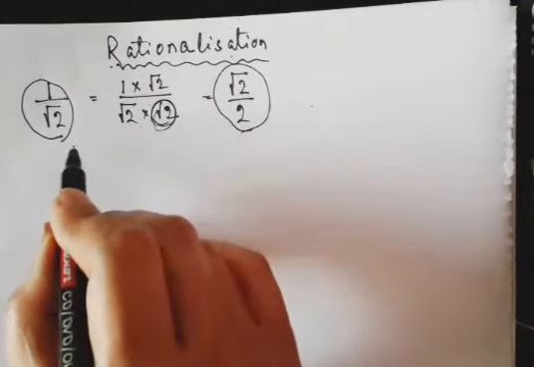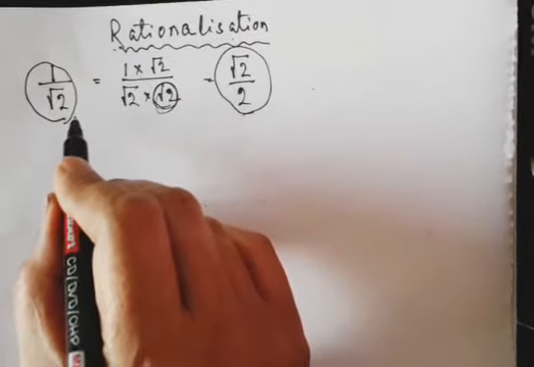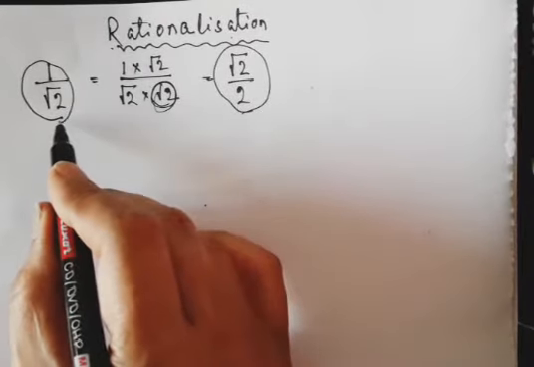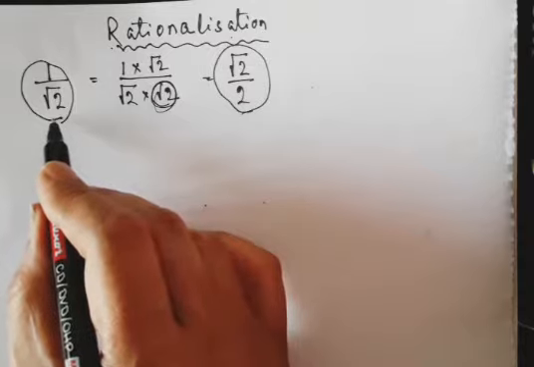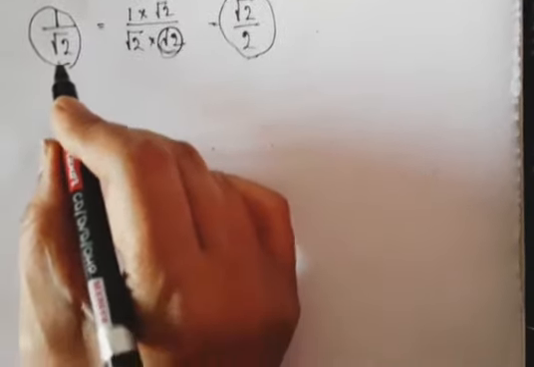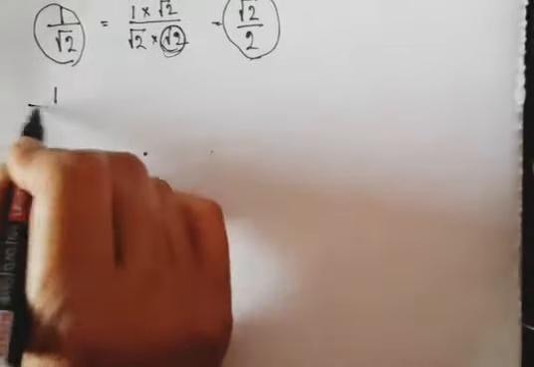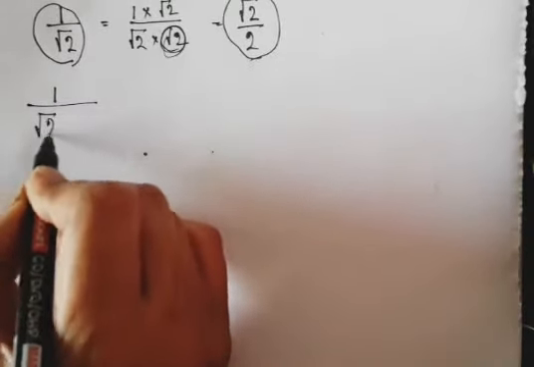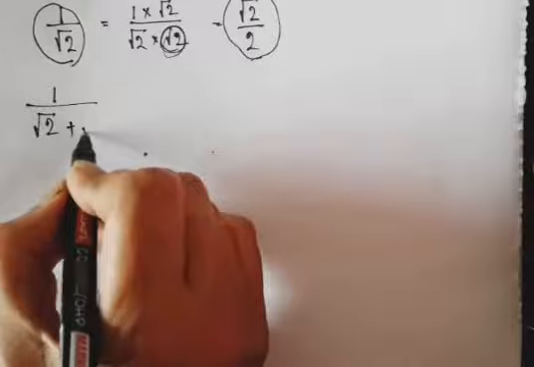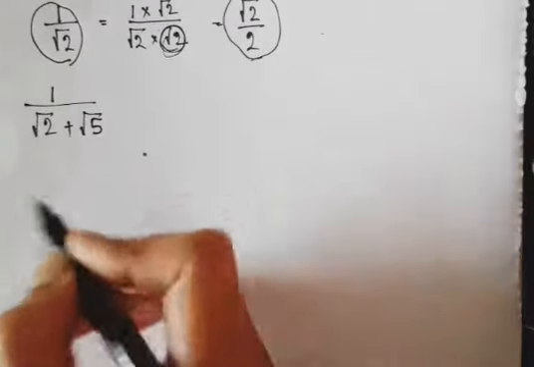So here in the denominator only one term is there. So I am showing it by taking two terms. Suppose we have root 2 plus 1 by root 2 plus root 5.